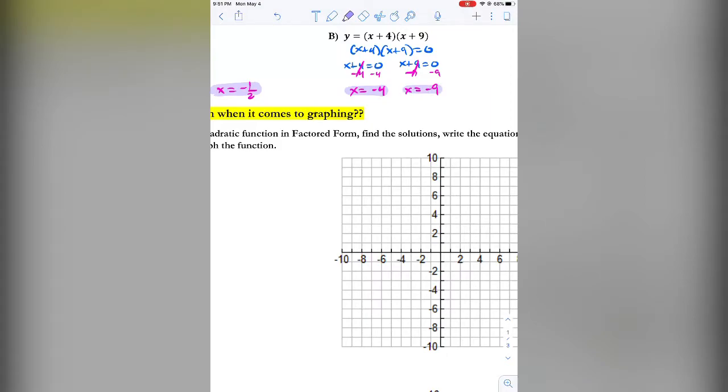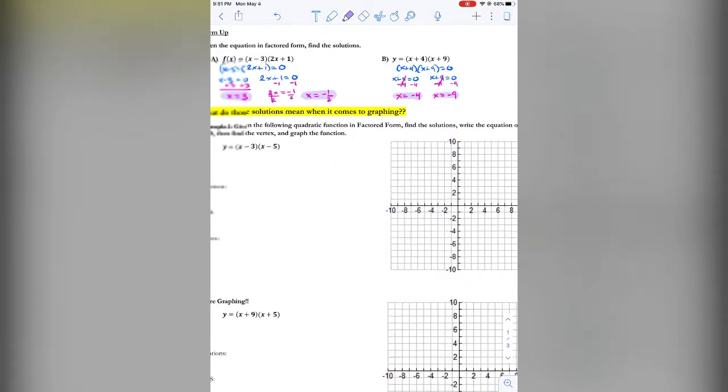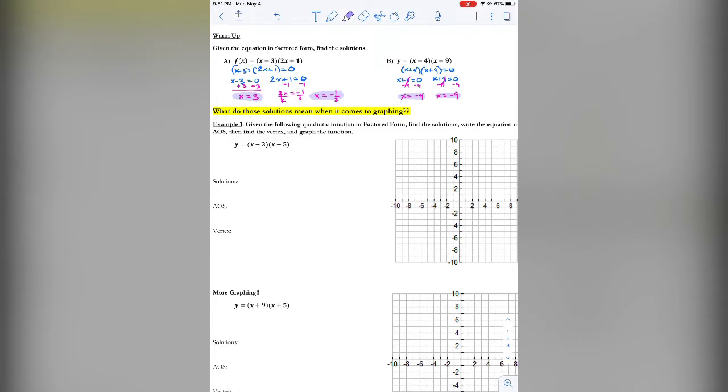So what do those tell us? Well, what this represents is our x-intercepts. So the reality is that we have our x-intercepts for this equation as (3, 0) and (negative 1/2, 0).